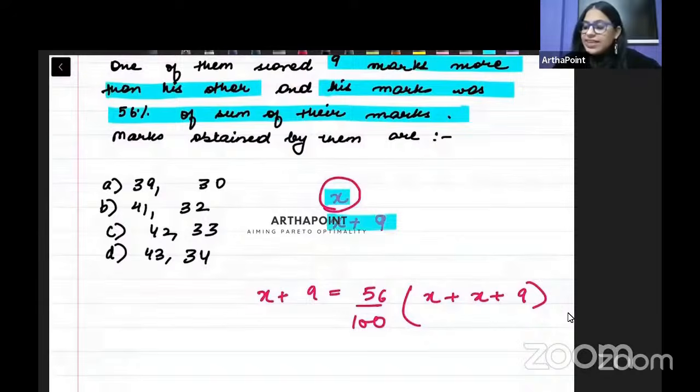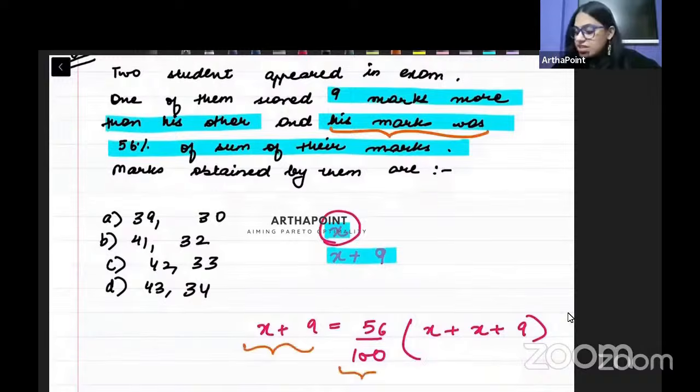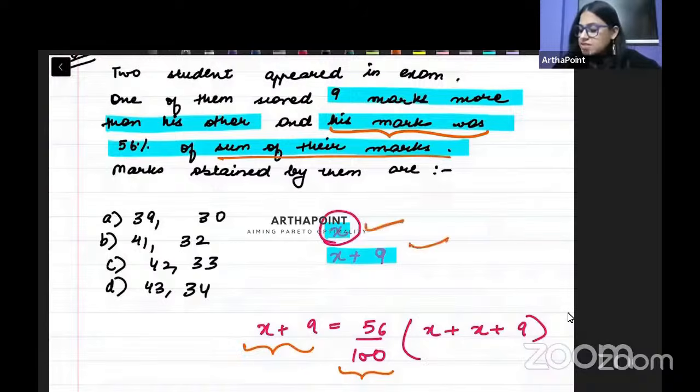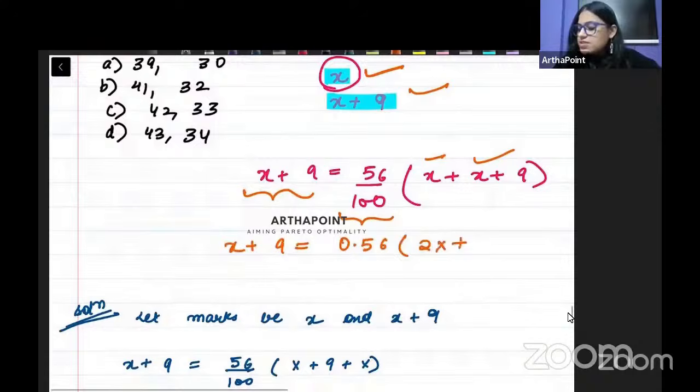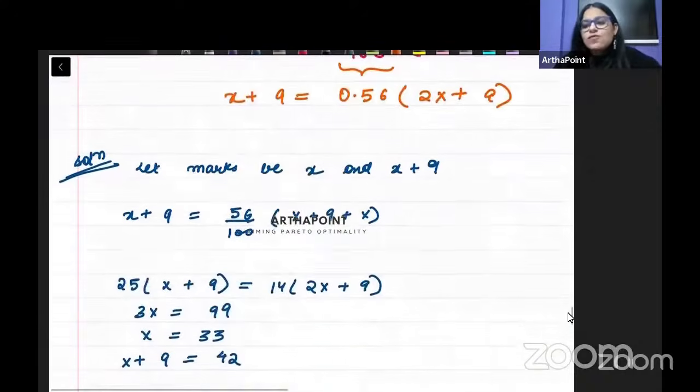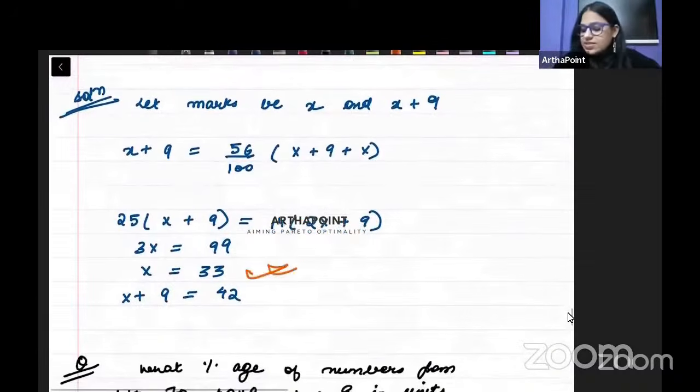And then it is saying that the marks scored by the second person is 56% of the sum of the marks. Just solve this equation. So you will get x plus 9 is equal to 0.56 times (2x plus 9). Right, you have got an equation. Solve for the value of x. So when you solve for x, you will get x as 33.